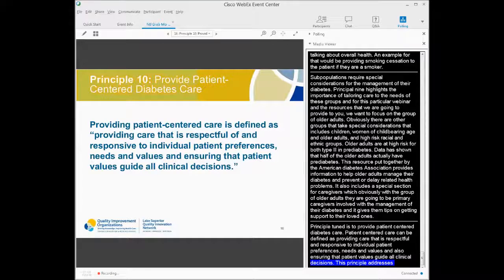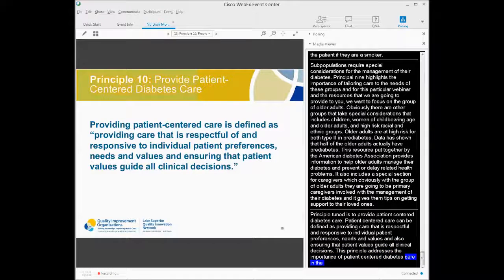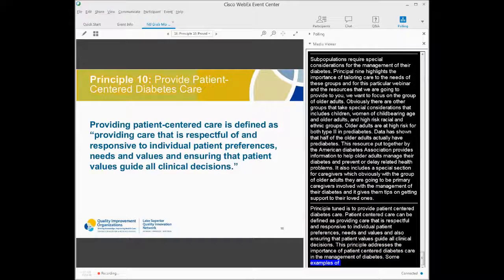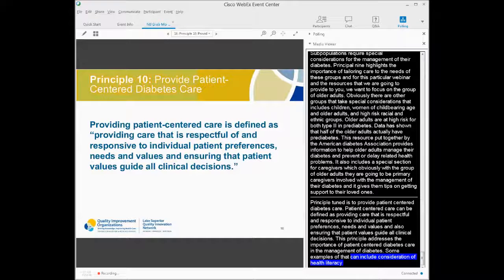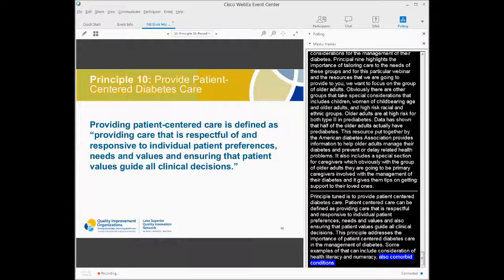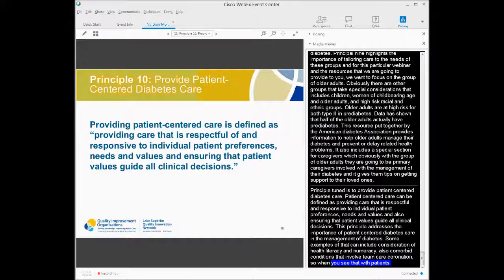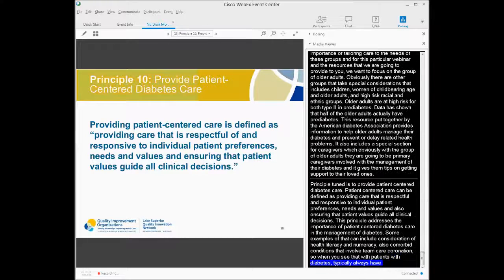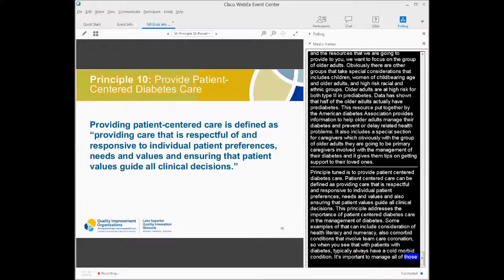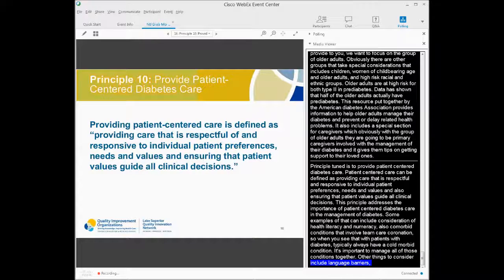So some examples of that can include consideration of health literacy and numeracy, also comorbid conditions that involve team care coordination. So we see that a lot with patients with diabetes, typically always do have a comorbid condition, so it's really important to manage all of their conditions together. Other things to consider include language barriers and other cultural considerations to ensure that the right information is getting across in the best way.